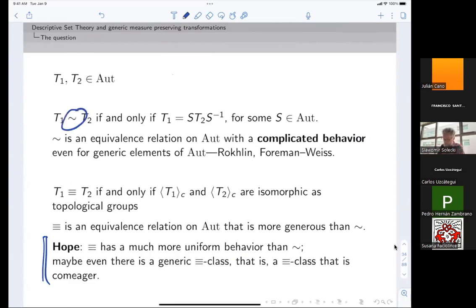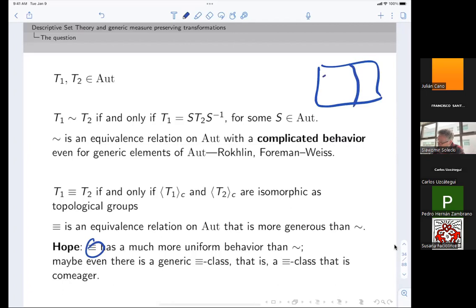Possibly even one hopes that there is a generic equivalence class, meaning that in Aut, we split it up into equivalence classes of that equivalence relation, and there is one equivalence class that contains almost all elements of the group. So it's comeager, one equivalence class that is comeager.